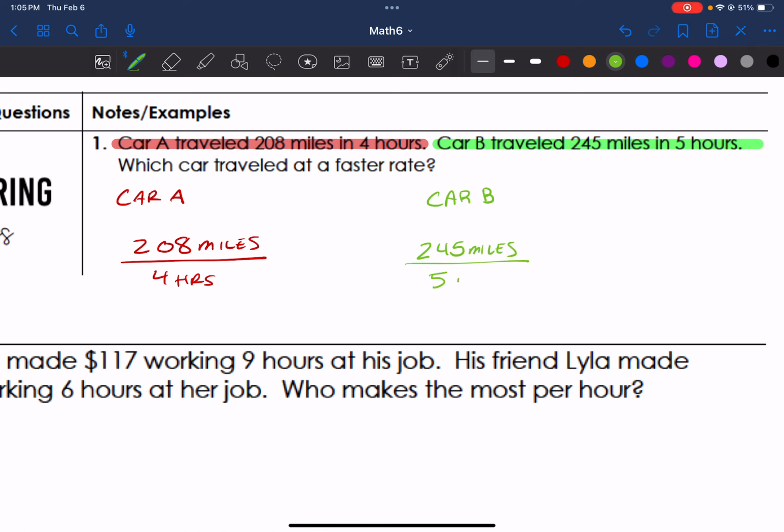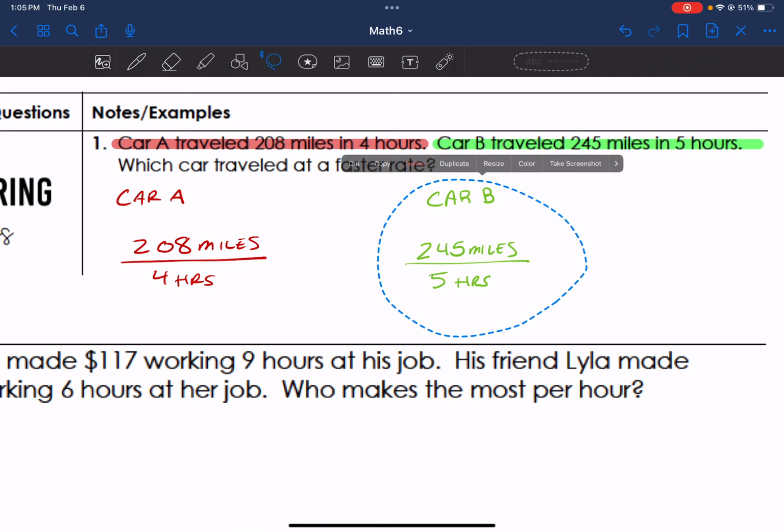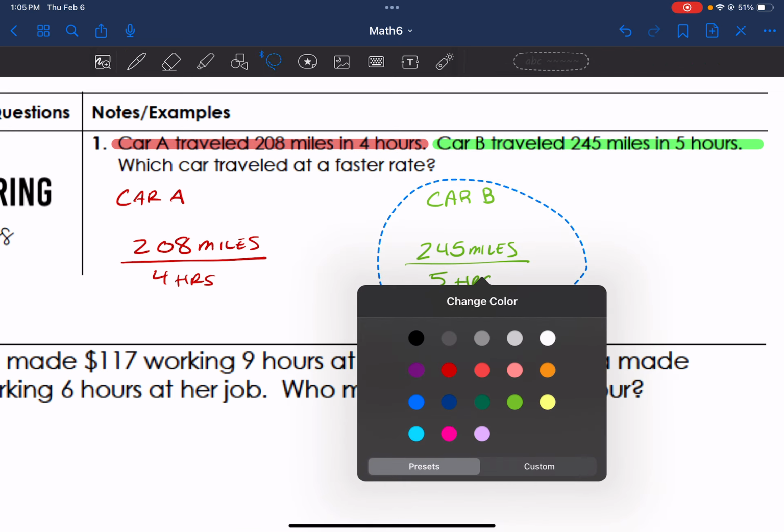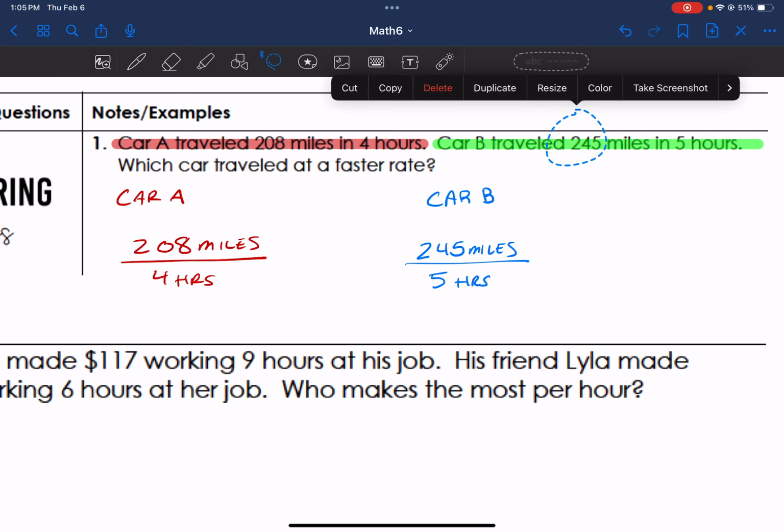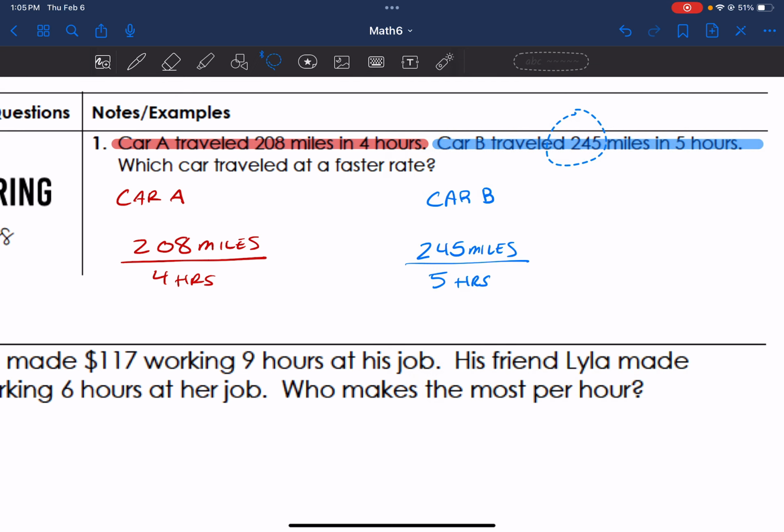The reason we can't compare these yet is because if you remember, denominators need to be the same in order to compare them, see which is more, less.